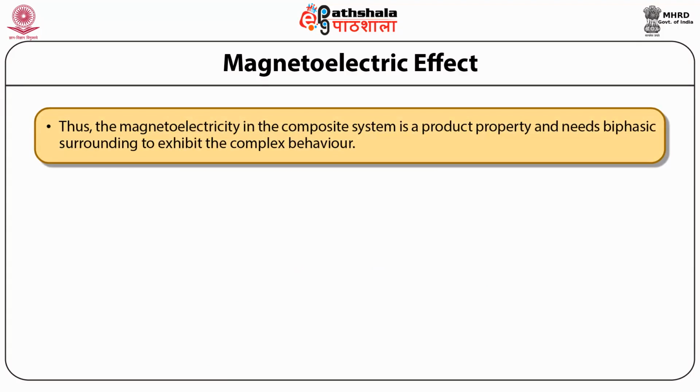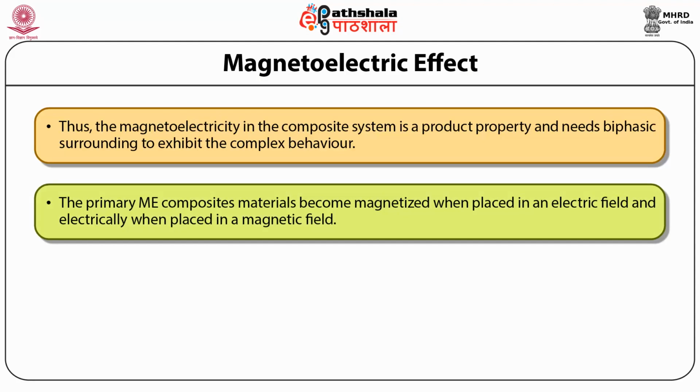Thus, the magnetoelectricity in the composite system is a product property and needs a biphasic structure to exhibit the complex behavior. The primary magnetoelectric composite materials become magnetized when placed in an electric field and electrically polarized when placed in a magnetic field.